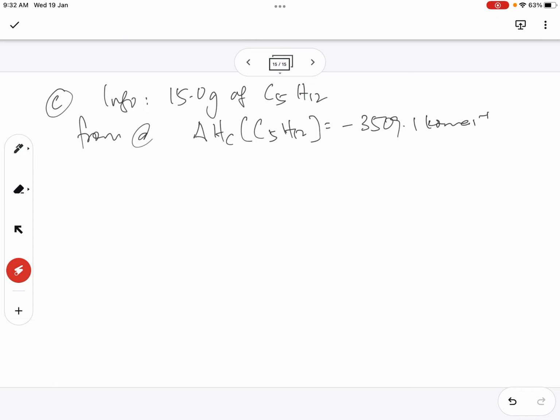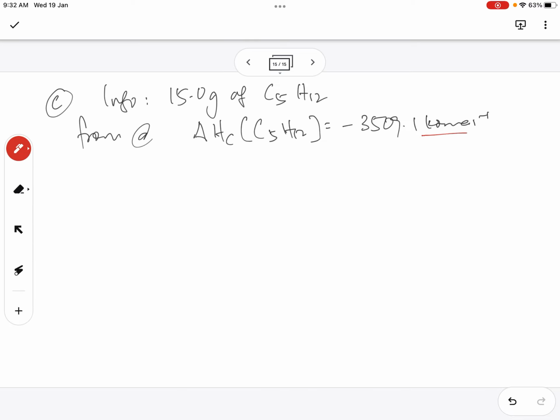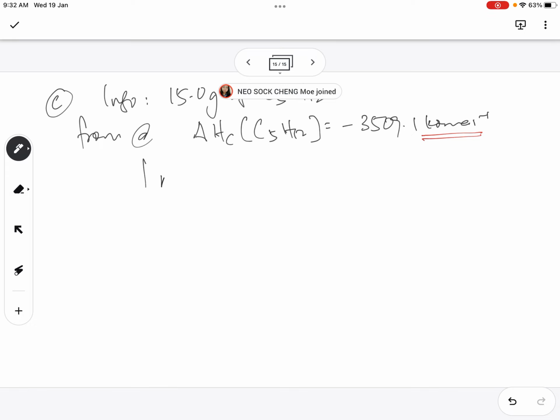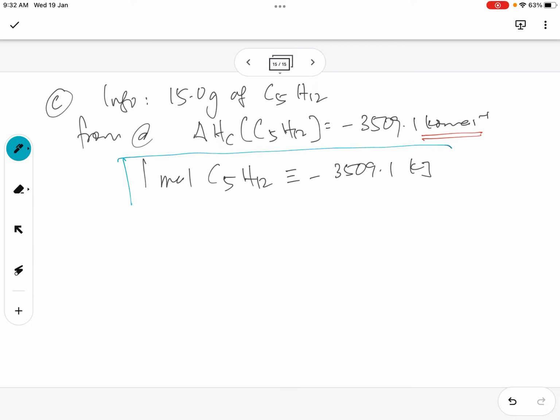Okay, and then here the second part is very important. Yang belakang ni. If you want to interpret the unit, we can interpret like this. 1 mole C5H12 release 3509.1 kilojoule per mole. Okay, ini adalah apa yang kita interpret daripada enthalpy of combustion.